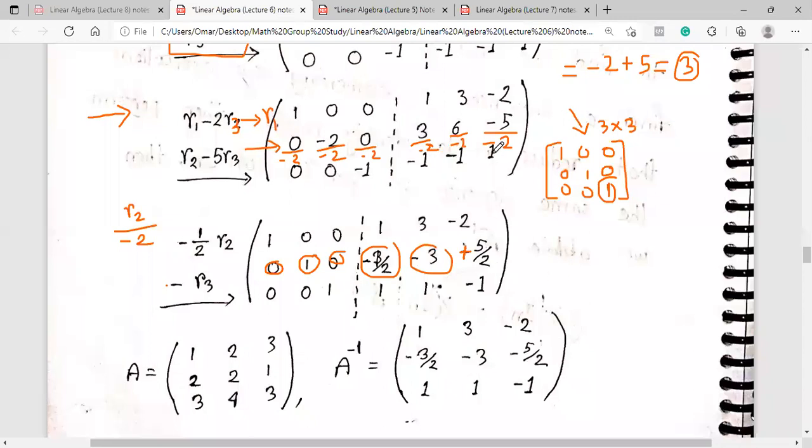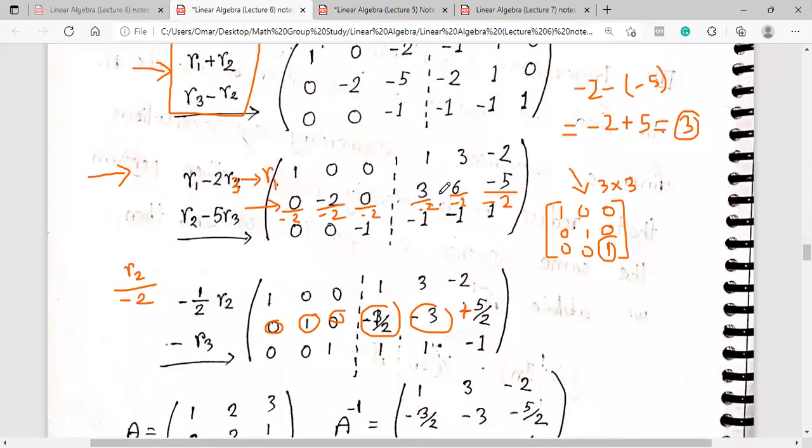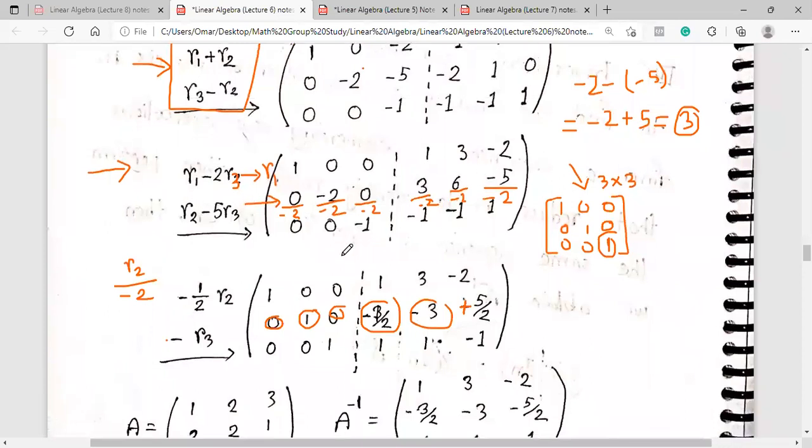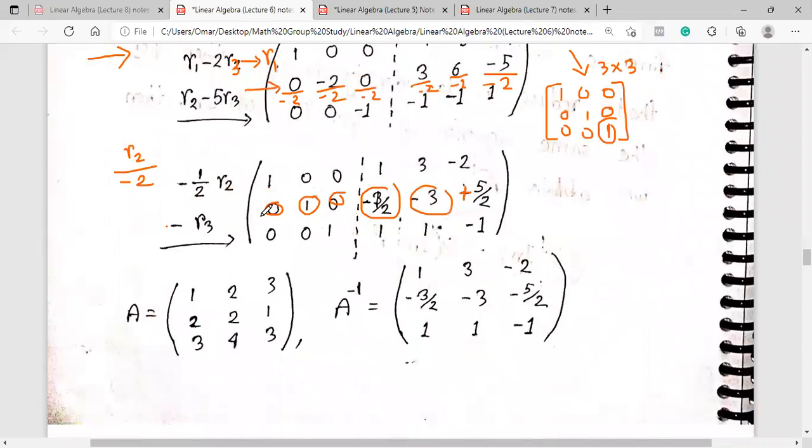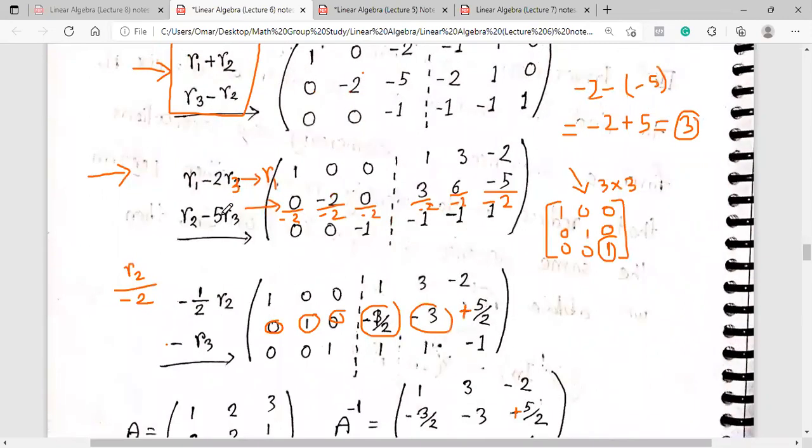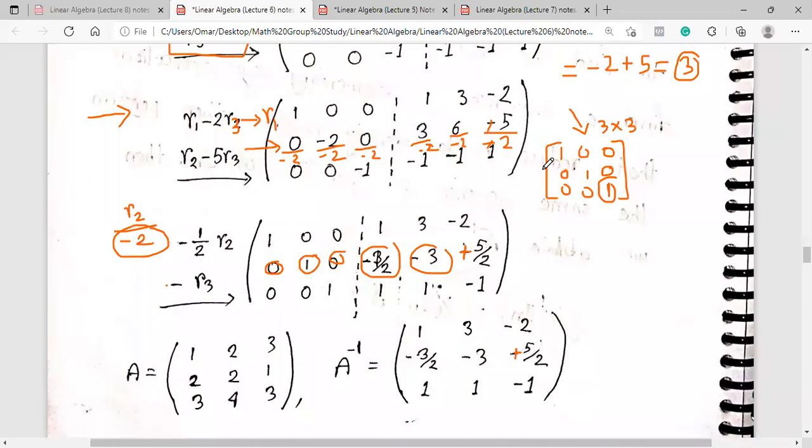So why have I written down here minus 5 by 2? I think it will be plus 5 by 2, because if I divide by minus 2, then minus minus get cancelled, right? So ultimately I got plus 5 by 2, okay.